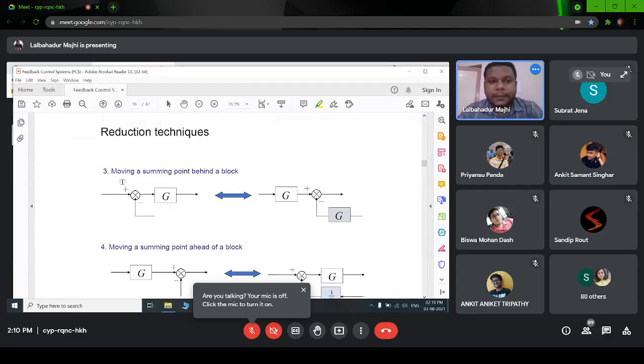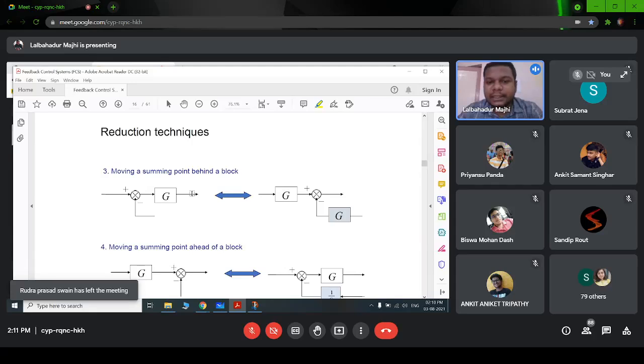Similarly, moving a summing point behind a block, right? Suppose there is a summing point before this block, and we want to move this summing point behind this block. First we have to see what this output is. You can say this will be G. The output is G here.